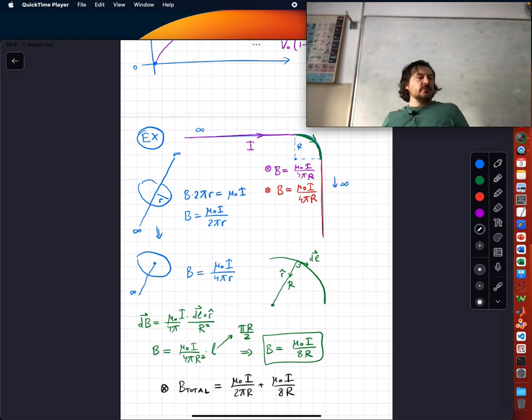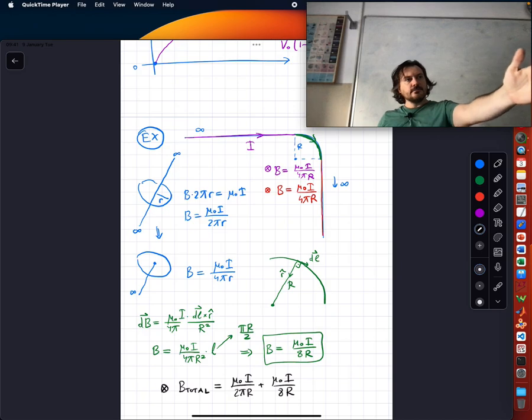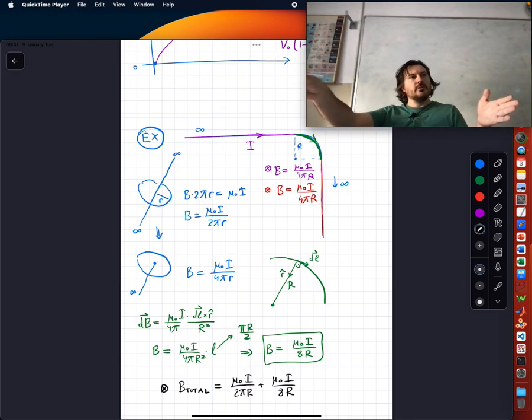I don't know what to say really, because dl is the direction of I, and the r unit vector starts from the wire towards the point where you want to find the field, and you just write down the sine of the angle in between, and the magnitude of dl. Why not R? R is the unit vector. Oh, sure. R is the unit vector. Now it's making sense. Thank you.